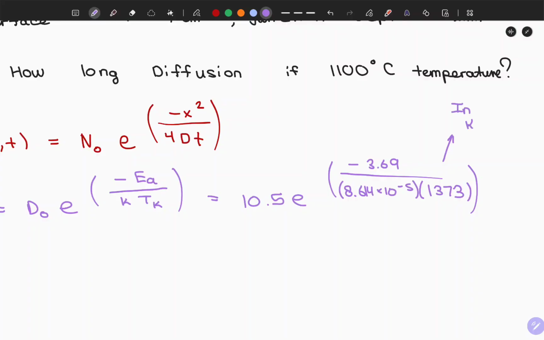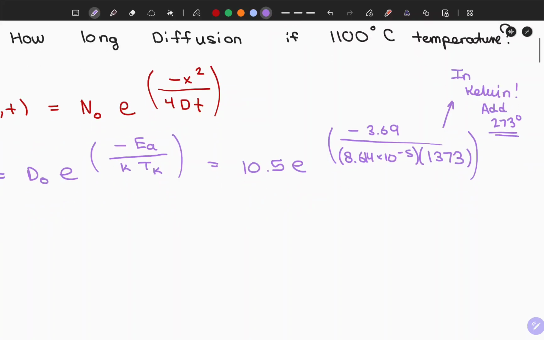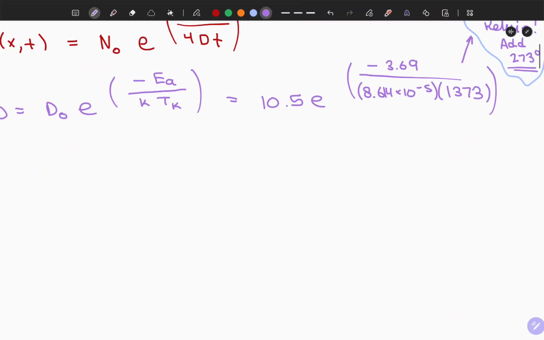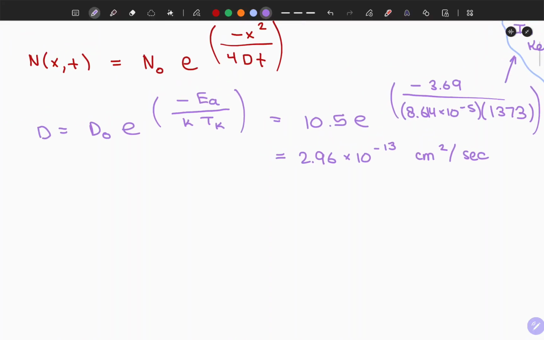Because we're in Kelvin, at 273 degrees added, right? So that's just a little tip. Make sure to use the appropriate units. And we know that solves to be 2.96 times 10 to the negative 13th centimeters squared per second.